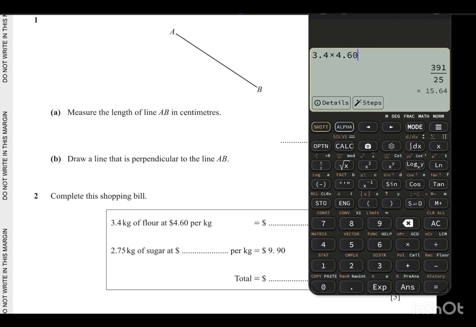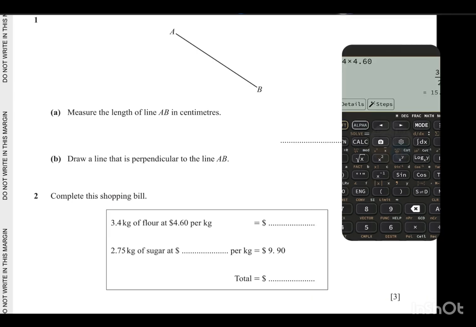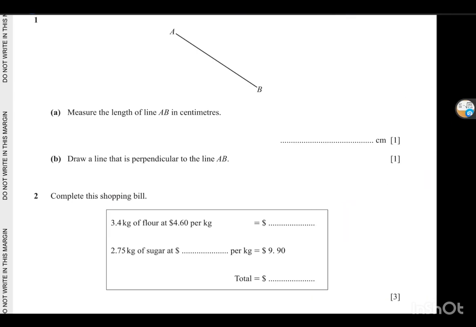So here it is multiplication, 15.64 is the answer. You can write how you got this answer by writing here 3.4 times 4.60.